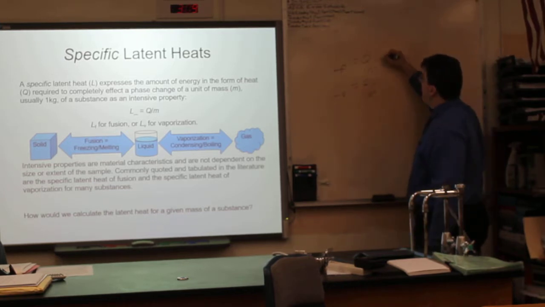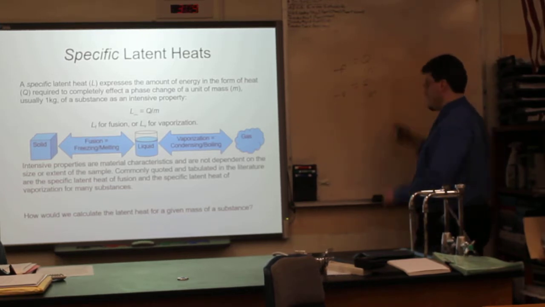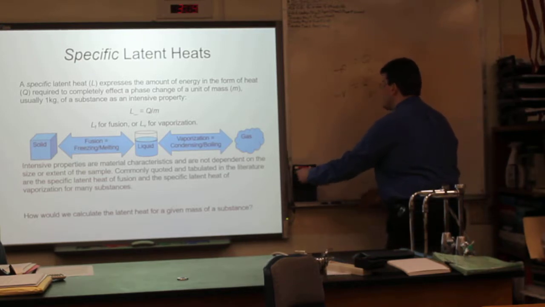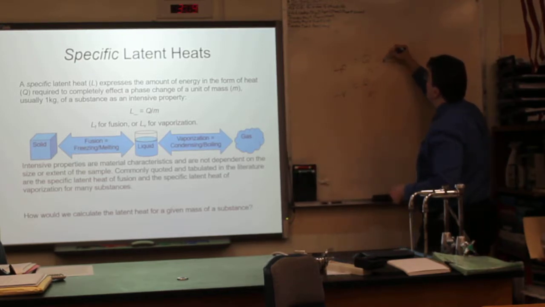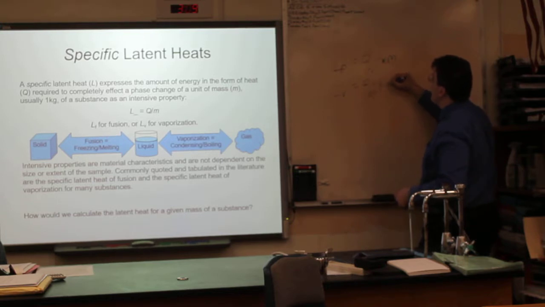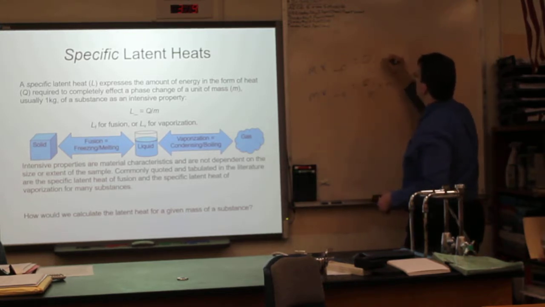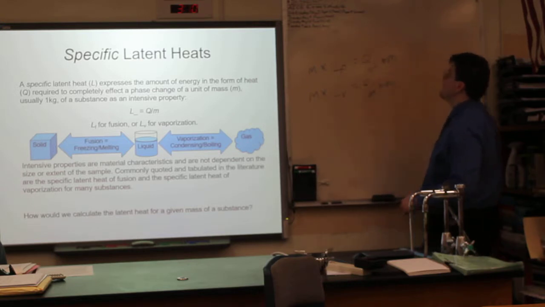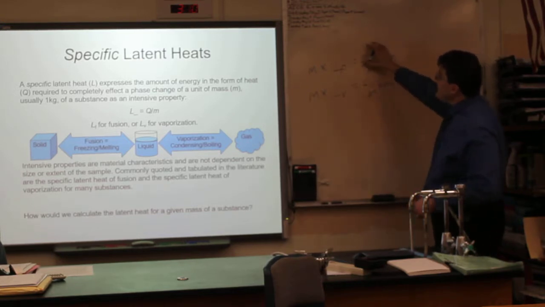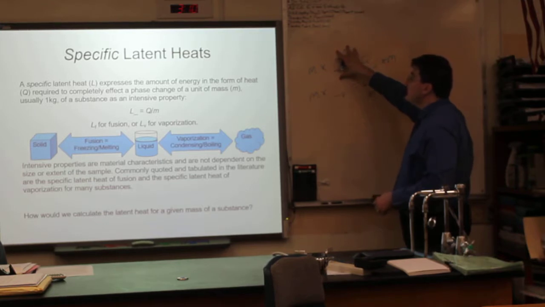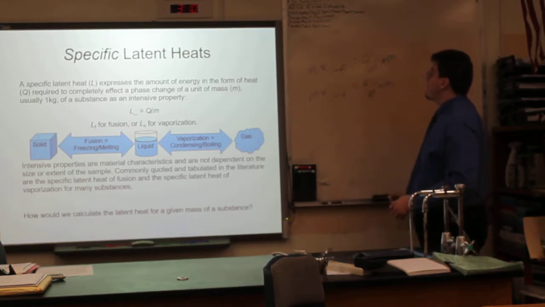We need to multiply, I will use a different marker, we will multiply by mass both sides. That will cancel out our mass. And we are left with heat is equal to the latent heat multiplied by the mass.